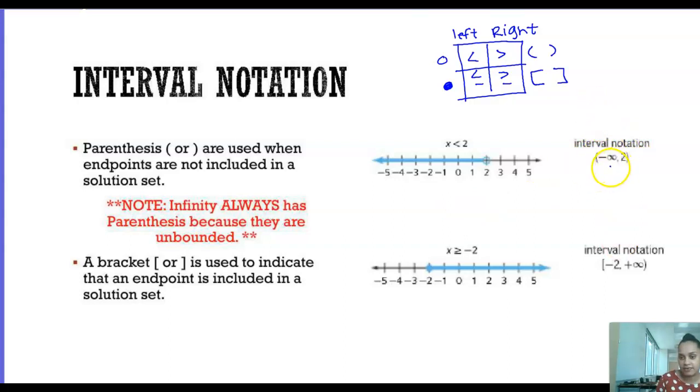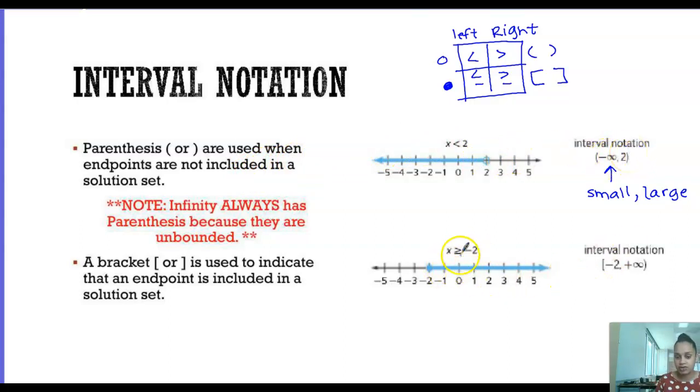And it's going to have the smallest value on the left, comma, the largest value. It could be a parenthesis or a bracket, so I don't want to put anything there, but it's going to be small to large. So if I'm coming from the left, it's an arrow. An arrow going left forever and ever, that's negative infinity. And the endpoint is at 2. So that's why I wrote negative infinity to 2.